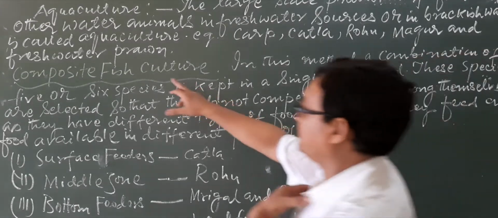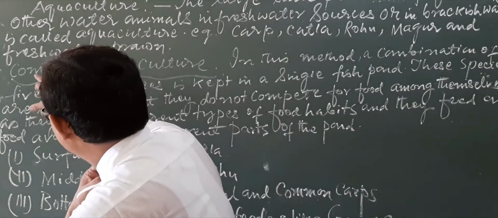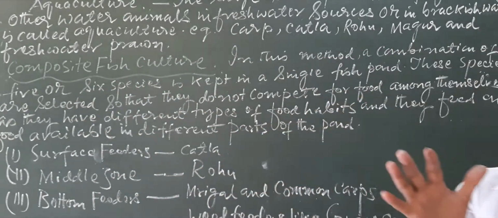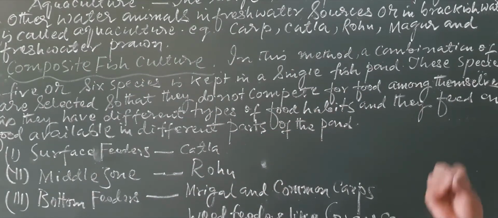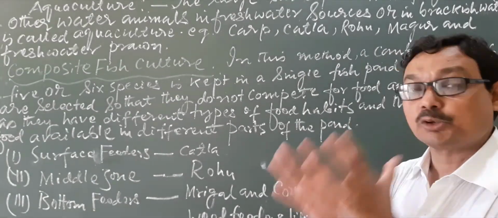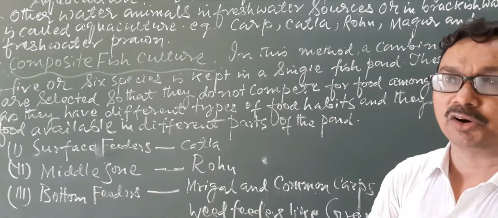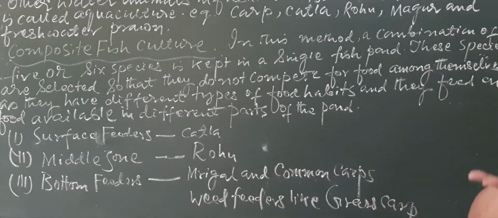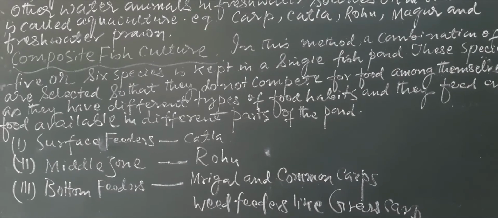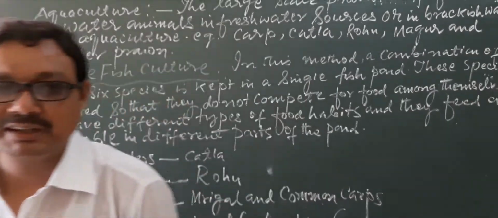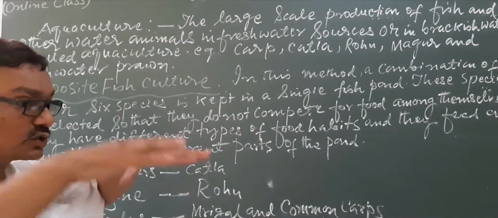One important method here is known as composite fish culture, in which 5 or 6 species of fish are selected and cultured in the same pond, because their food requirements are different, and that food will be available in different zones of the pond.